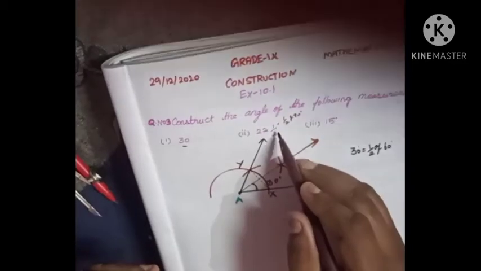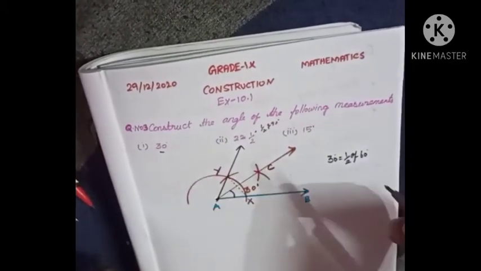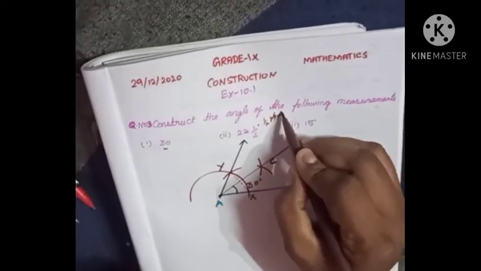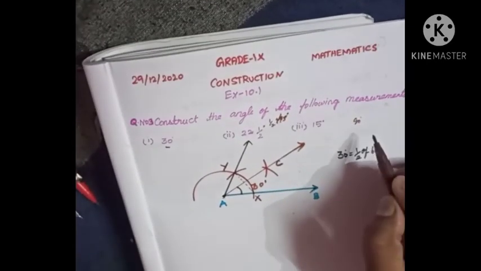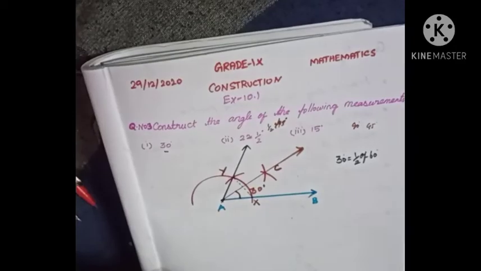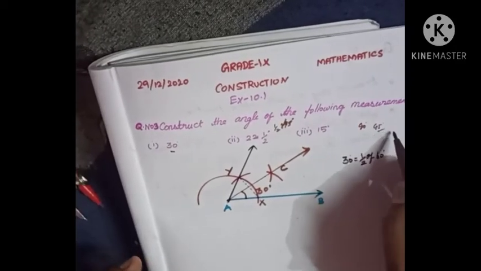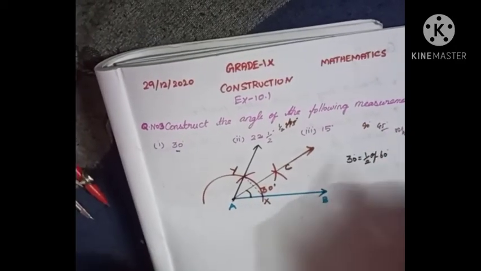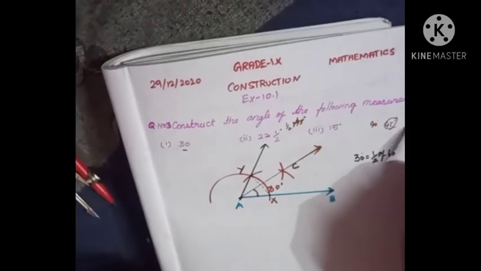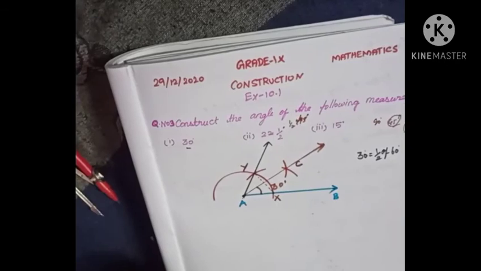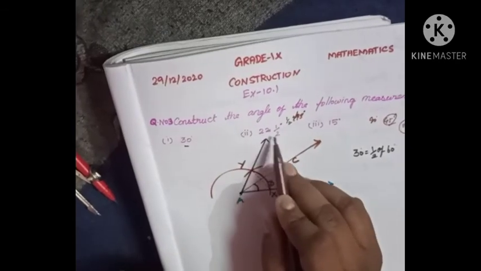So you focus on 90 degree and the angle bisector 45 degree, and after that you get 22.5 degree, because 45 is half of 90 and 22.5 is half of 45. Next we move on to the angle 22.5 degree.